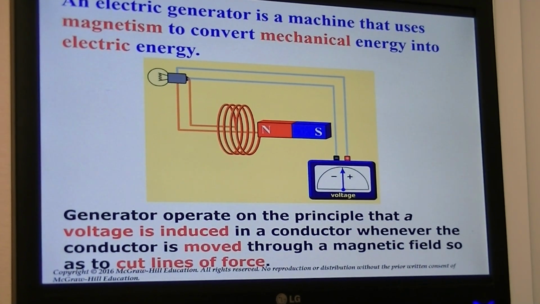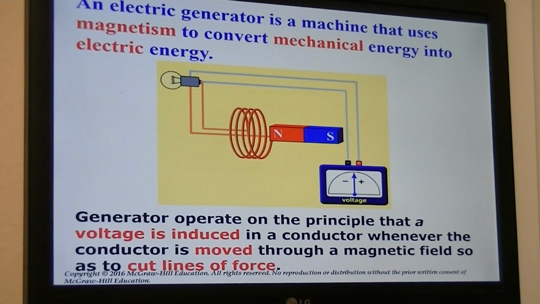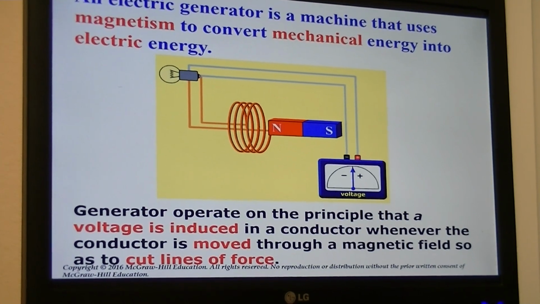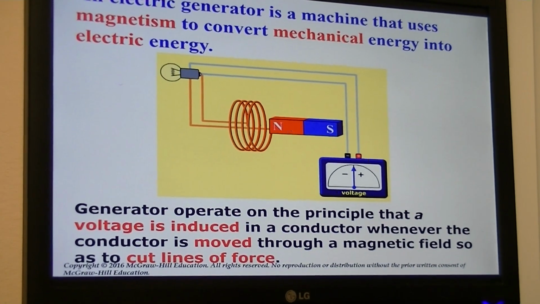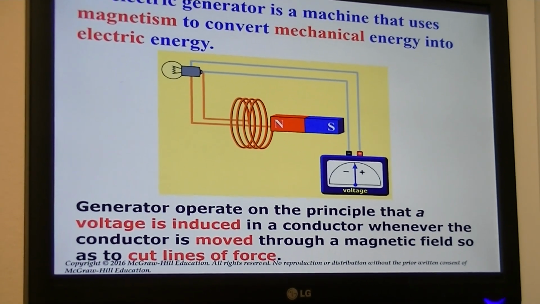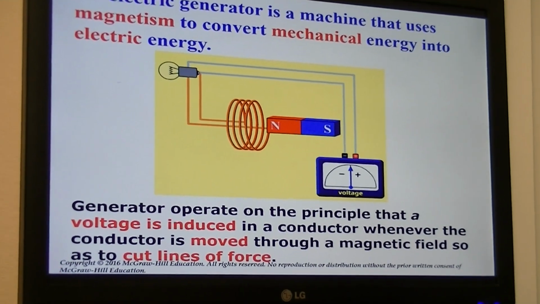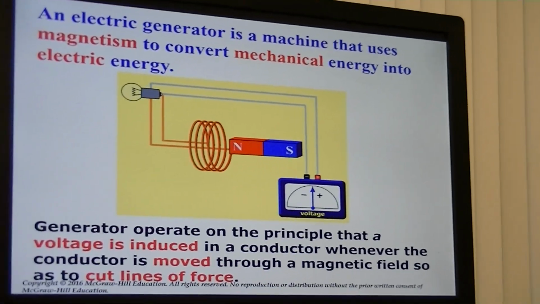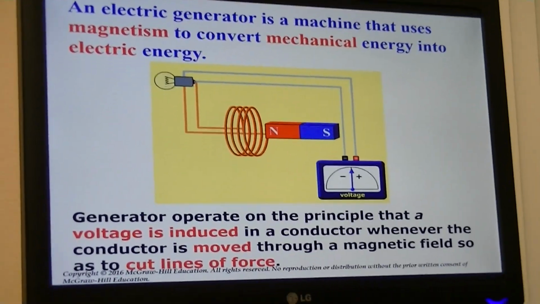A generator operates on the principle that a voltage is induced in a conductor whenever the conductor is moved through a magnetic field so as to cut lines of flux, or whenever the magnetic field is moved through the coils. They're both the same as far as the magnet could care less which one's moving.